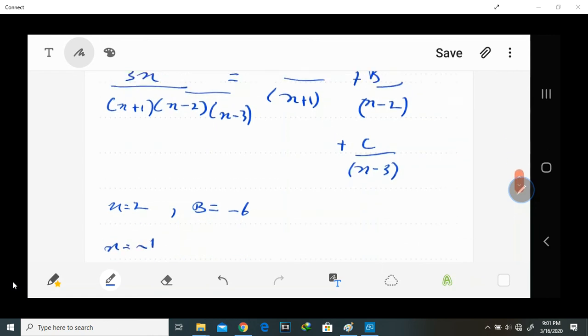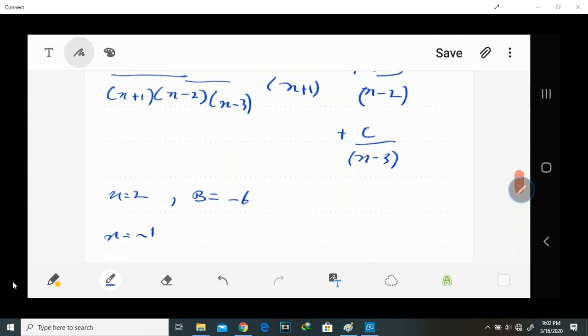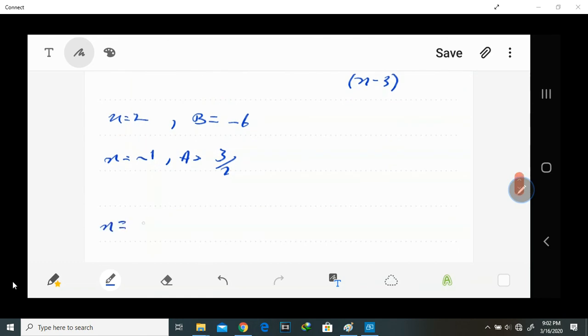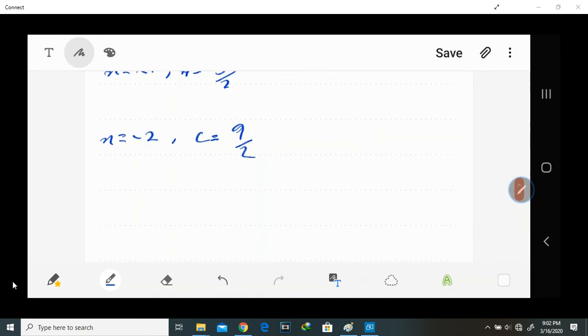So when you put x equals 2, you get B equals minus 6, and x equals minus 1, you get A equals 3 by 2. So the solving is pretty much easy.